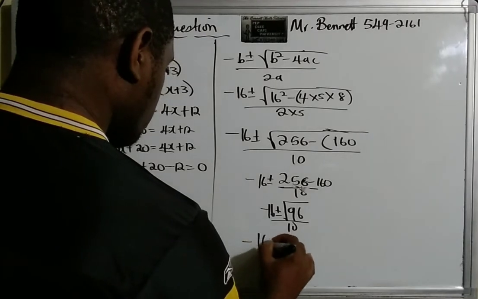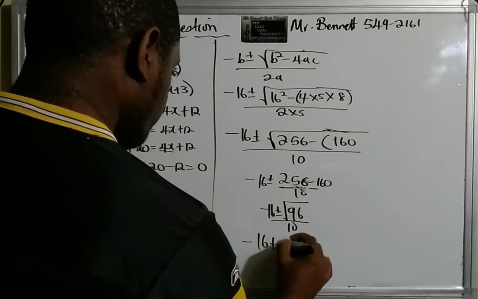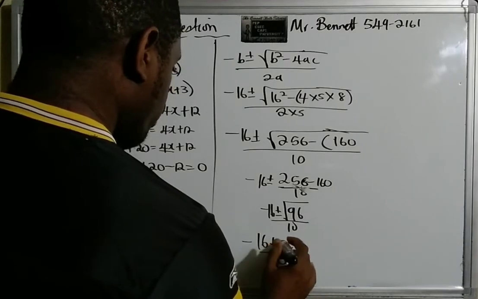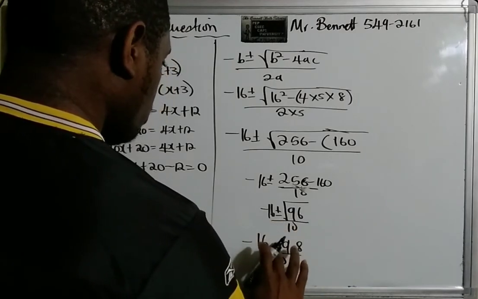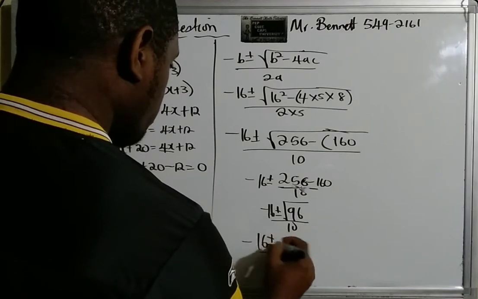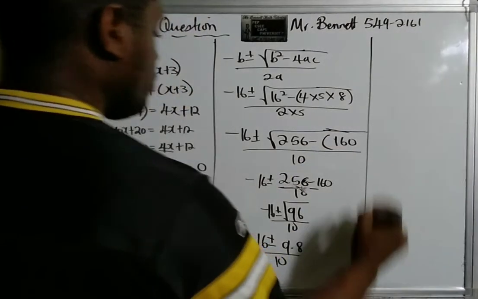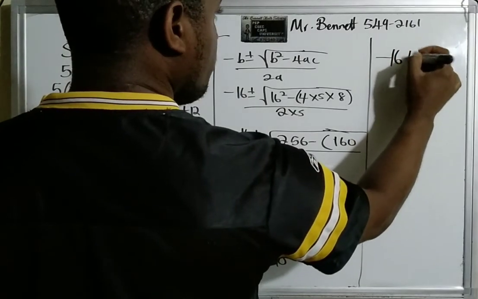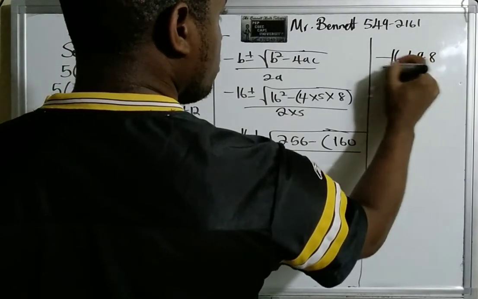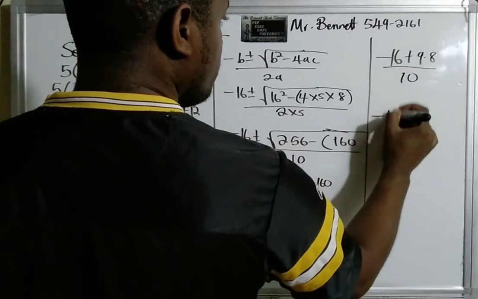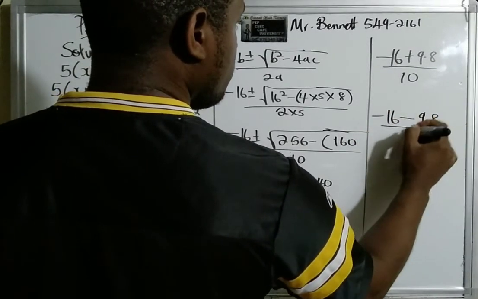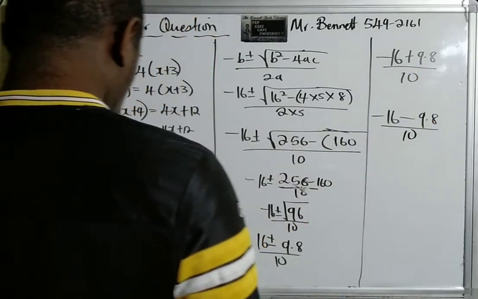So it's negative 16 plus or minus 9.8, all over 10. And remember, it's two solutions, plus or minus. Let us do the plus first: negative 16 plus 9.8 over 10, and negative 16 minus 9.8 over 10.